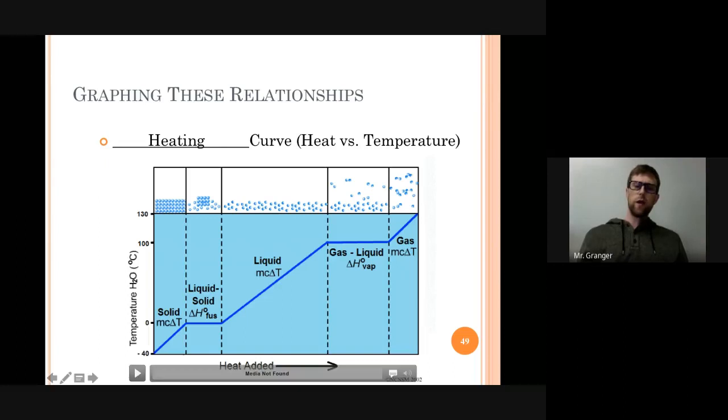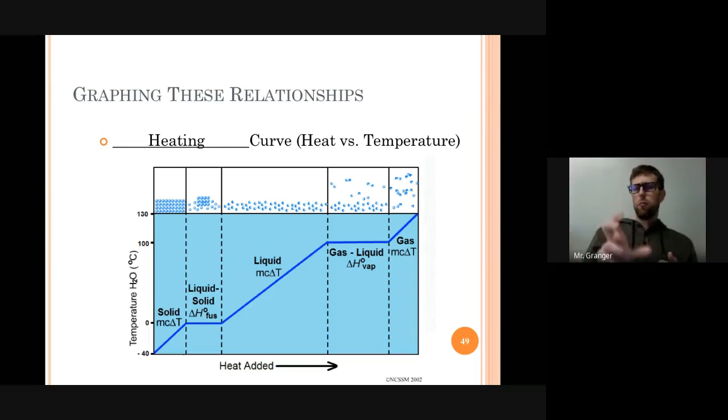So when we do get to the melting point at 0 here for water, because we're on the Celsius scale, as we talked about in the previous lesson, we typically use the Celsius scale for temperature, and water melts or freezes at 0 degrees Celsius. That's that transitional point. So for the water at 0 degrees, it's flatlining, and that flatlining is due to the heat being used to change state rather than change temperature.